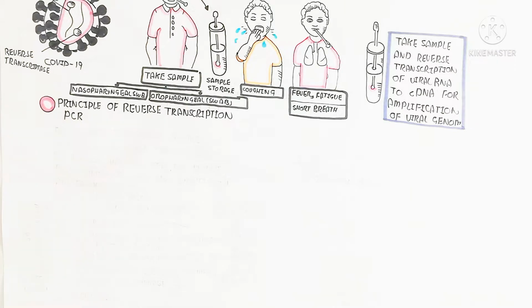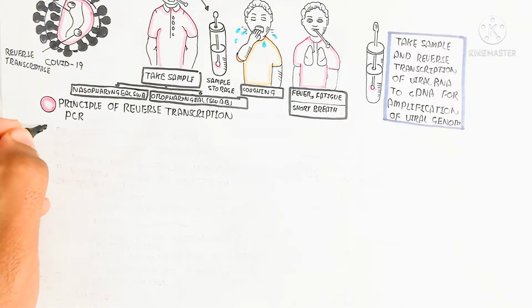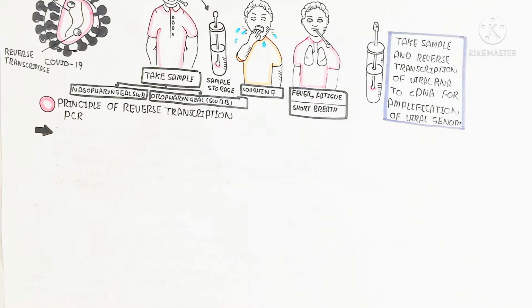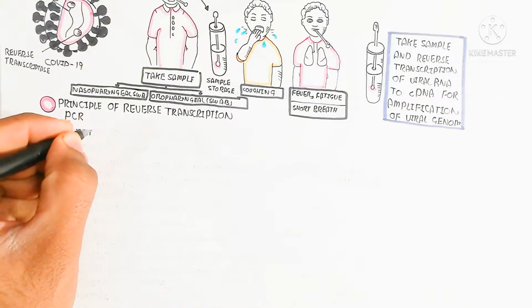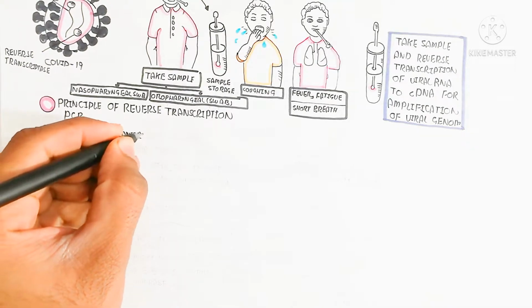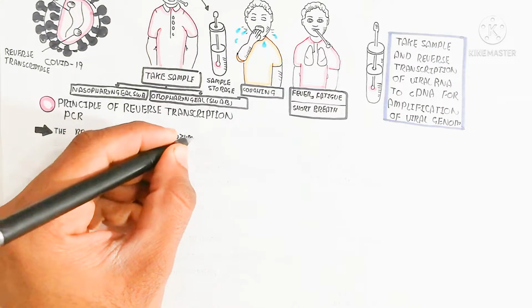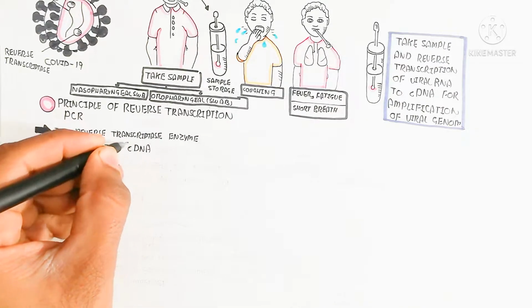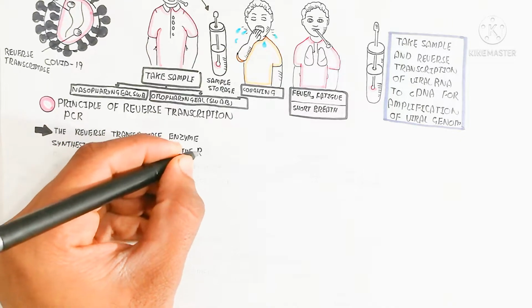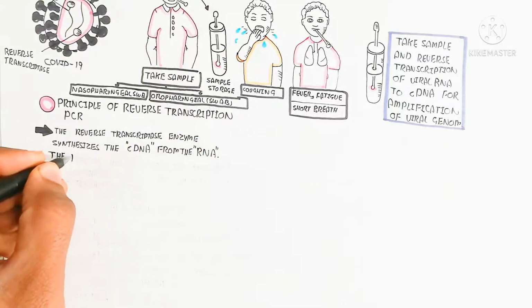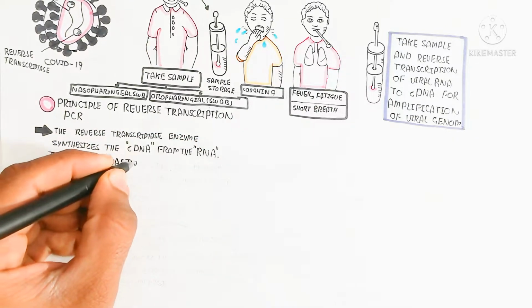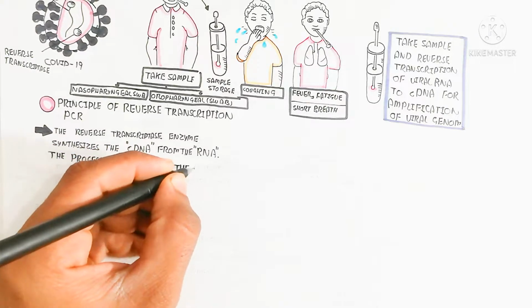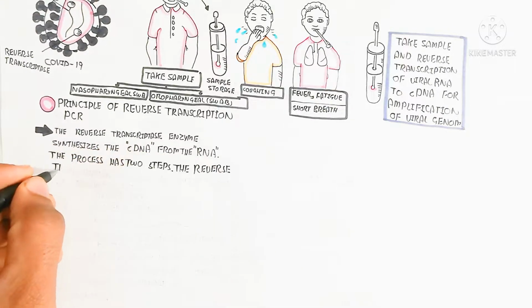The process has two steps: the reverse transcription, and then amplification and quantification. With quantification we can quantify the severe infection or the pre-infection and post-infection time.